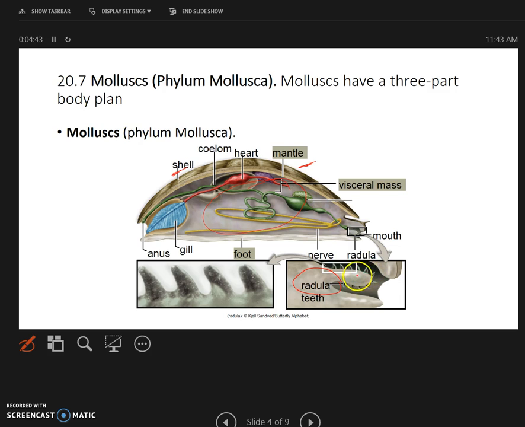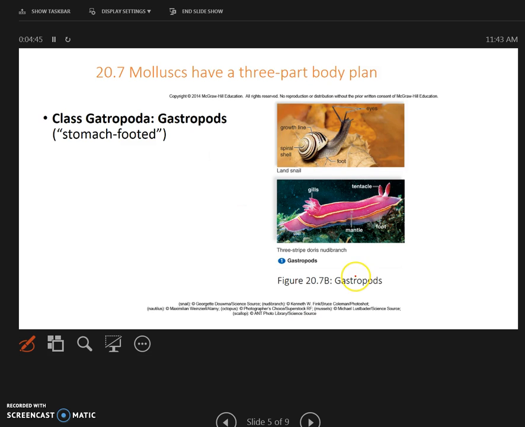And of course, mollusks have three subgroups, which come under the taxa class. The first class is the gastropoda. Gastro means stomach, poda means foot. So they're stomach-footed. Now these are known to y'all, and where you have seen them.